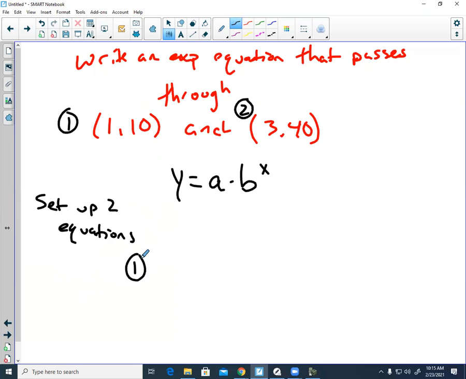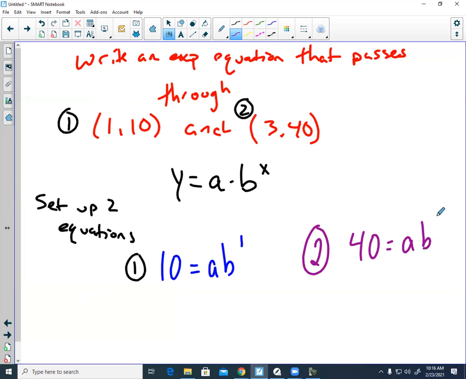I'm going to plug 10 in for y, so 10 equals a times b to the first power. So there's my x and my y. And then I'm going to create another equation for 2. I'm going to plug in 40 for y, so 40 equals a times b to the third power. And then I've got a system of equations that I can solve.